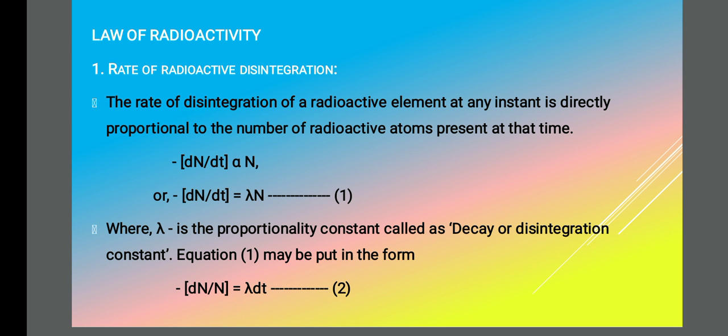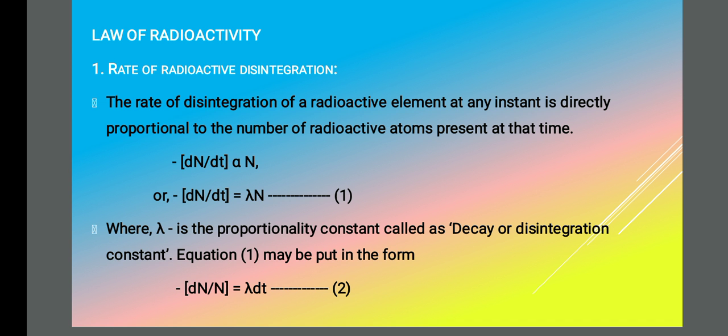So minus dN by dt is proportional to N, and this proportionality is removed by using a proportionality constant lambda. Minus dN by dt will be equal to lambda N, and lambda is called the proportionality constant, or we can call it the decay or disintegration constant.